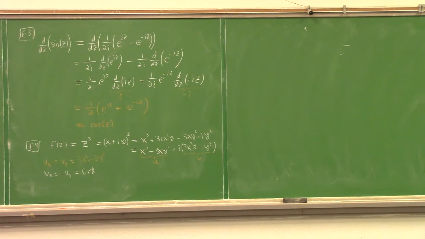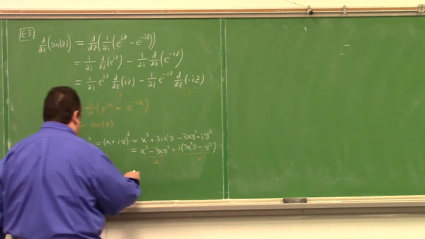In other words, the Cauchy Riemann equations hold, right? And since the Cauchy Riemann equations hold, the cube function is holomorphic where? Where do the Cauchy Riemann equations hold? Well, they hold everywhere, right? So this is another example where the function is complex differentiable on the whole complex plane.